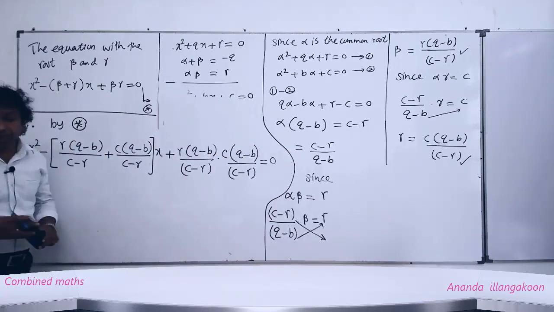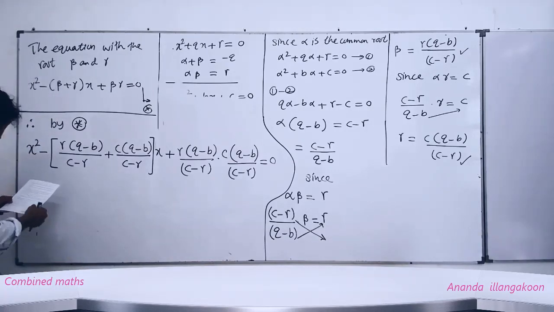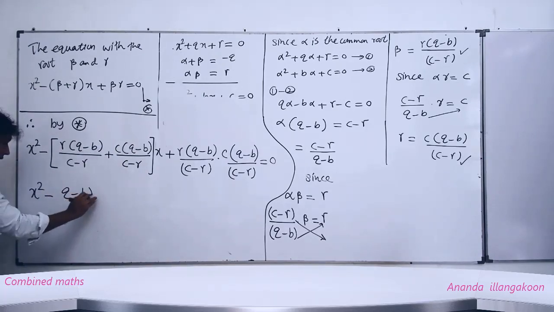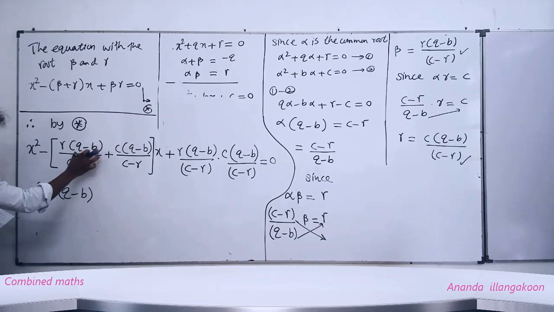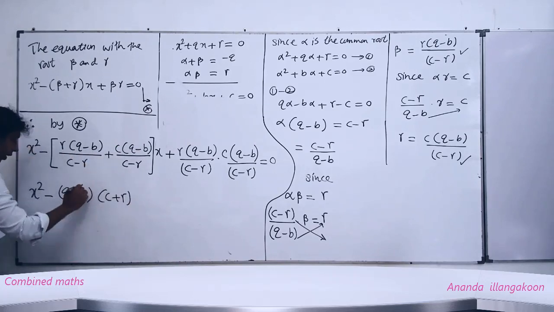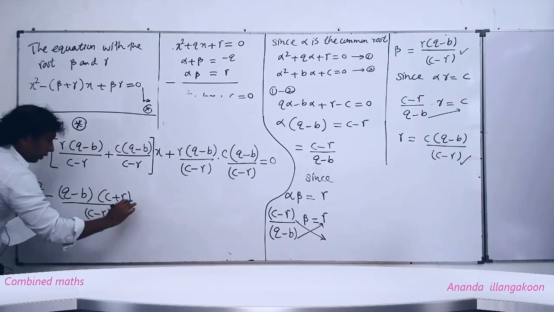Now we can take this answer. Right, now we can take q minus b out. Once you take q minus b out, we get c plus r, or r plus c, divided by this c minus r, times x.